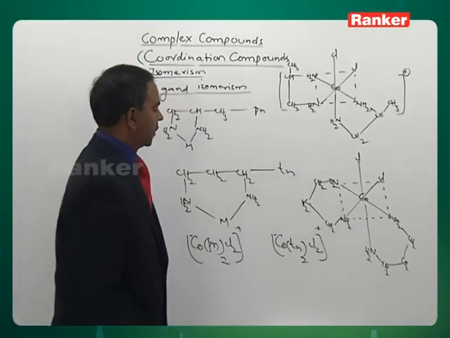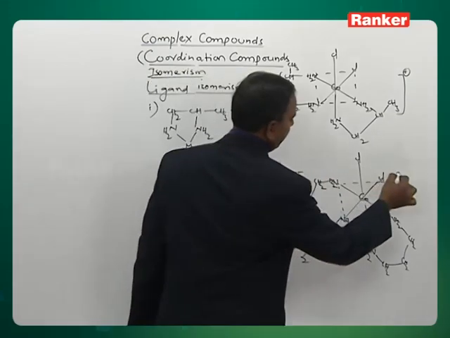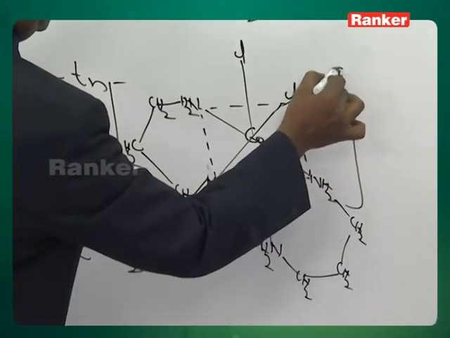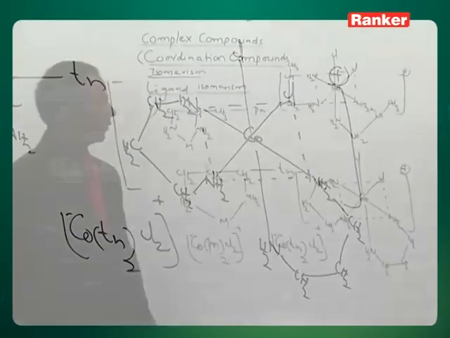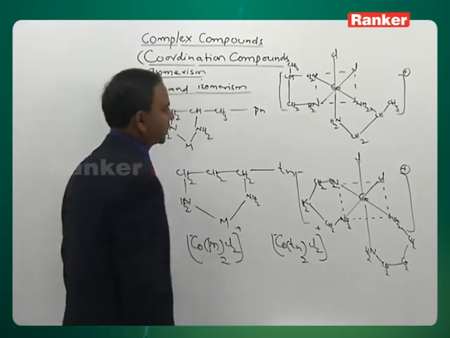NH2. These are the complexes. We are clearly observing how they are differing in their structures. These isomers are known as what? Ligand isomers, and the phenomenon ligand isomerism.